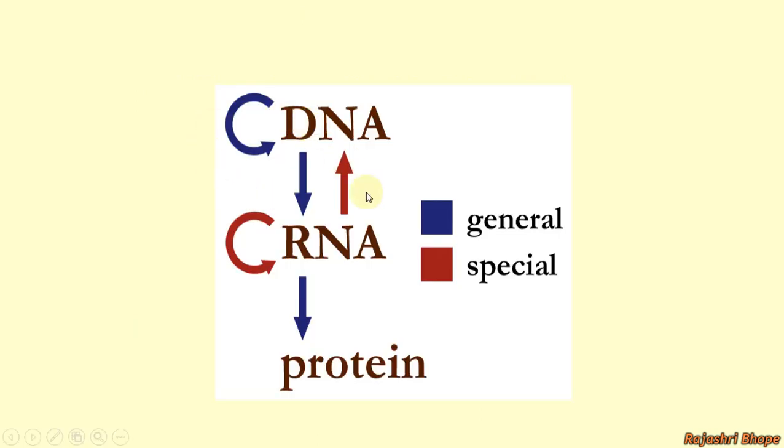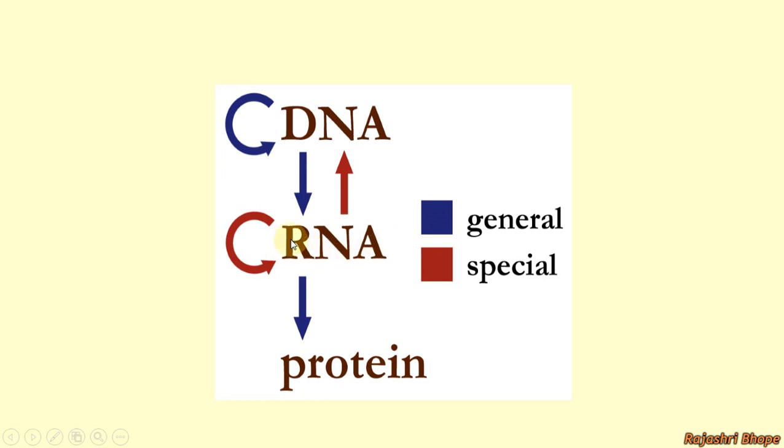The blue colored arrows shown are general processes, whereas the red one shown is a special process. Here the DNA is duplicated, the process is known as replication. From the DNA, RNA is synthesized. All three types of RNAs, mRNA, rRNA and tRNA, are synthesized. The process is known as transcription.